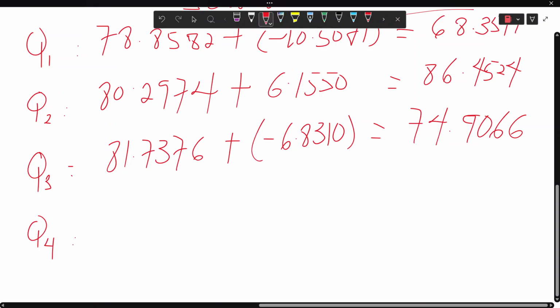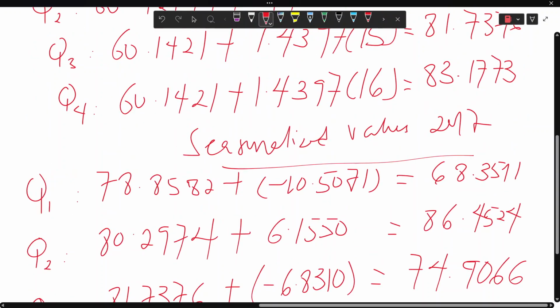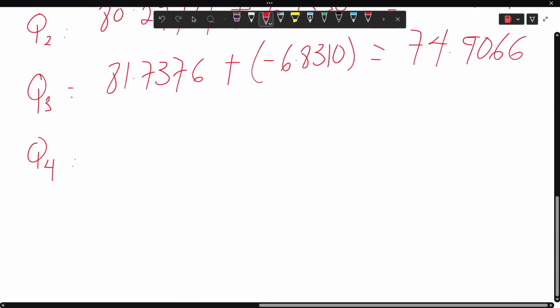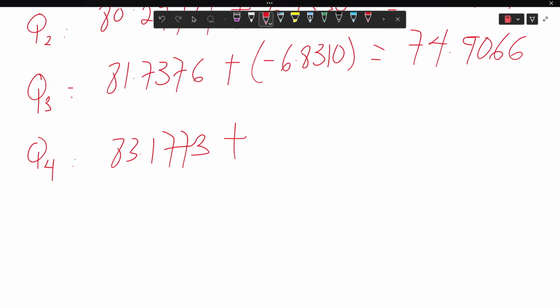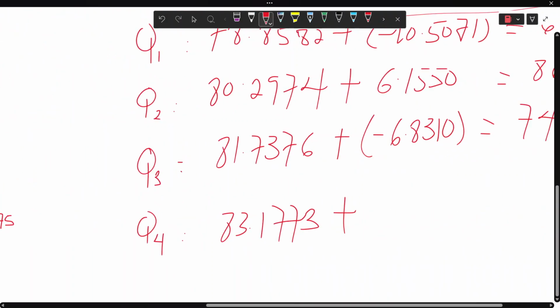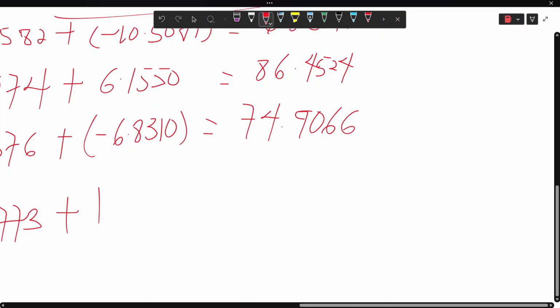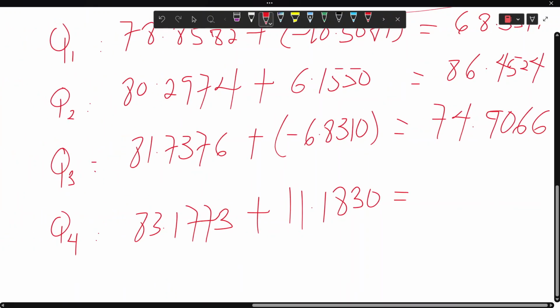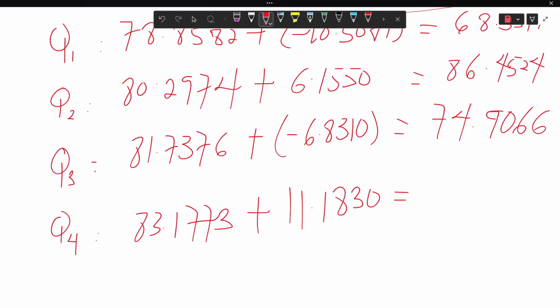For quarter four, we had a deseasonalized value of 83.1773. We also add the ASI, which is 11.1830, giving us 94.3003.